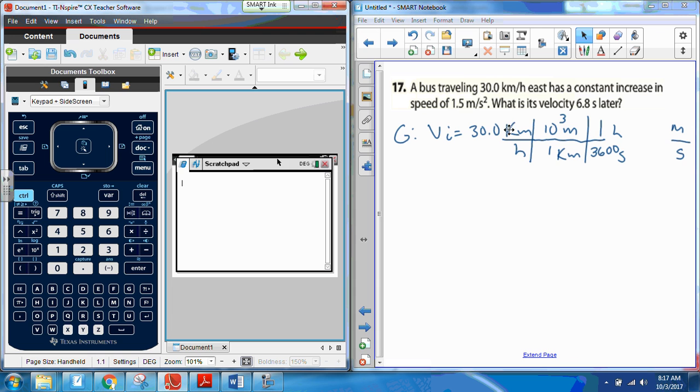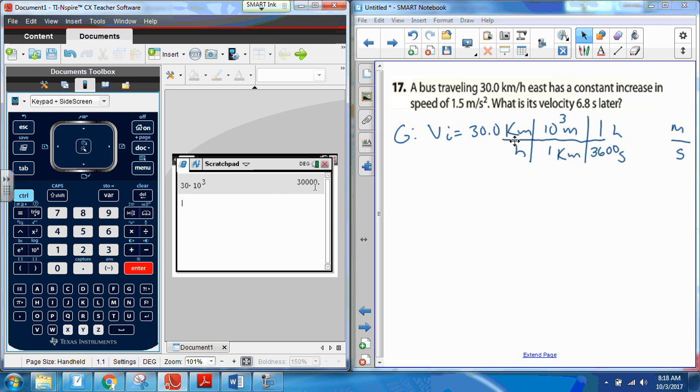Okay, so I multiply straight across on the top, and I get 30 times 10 to the third. So on the top I have 30,000. On the bottom, 1 times 3,600 gives me 3,600, right? Okay.